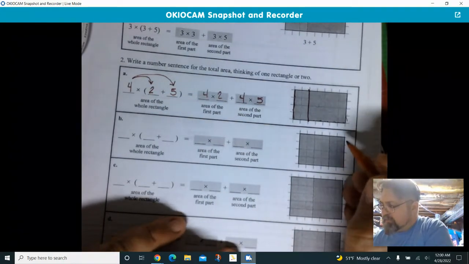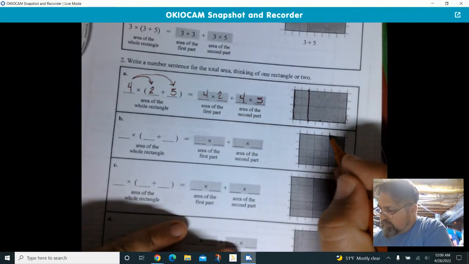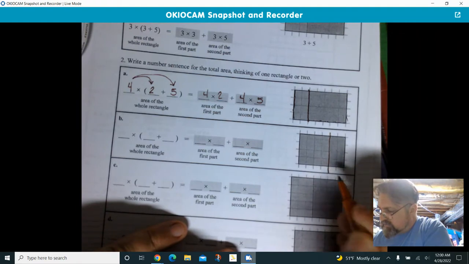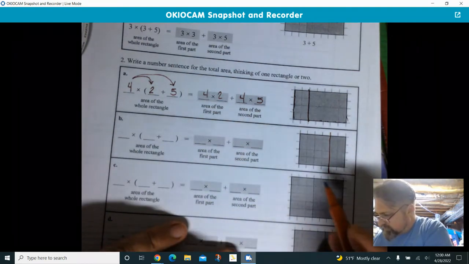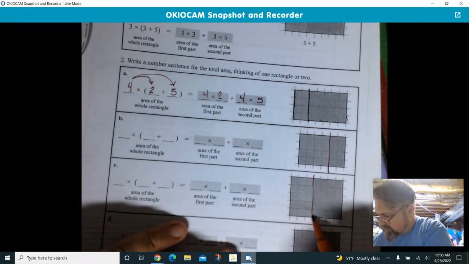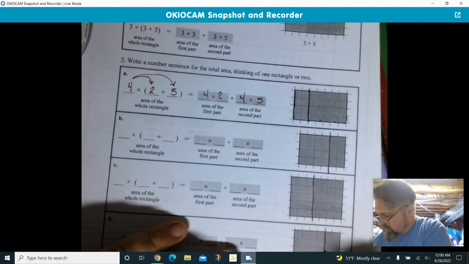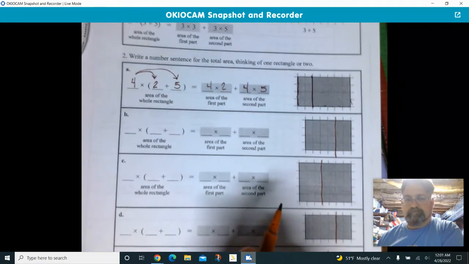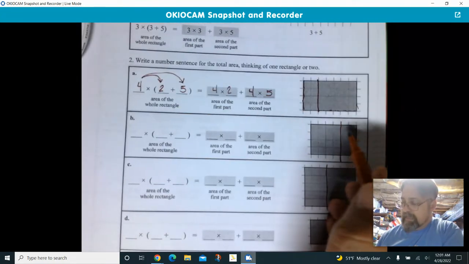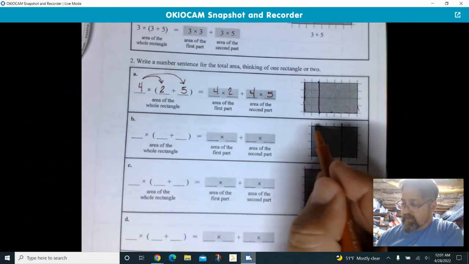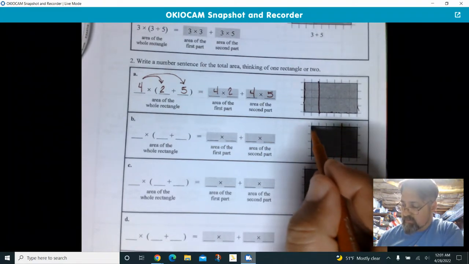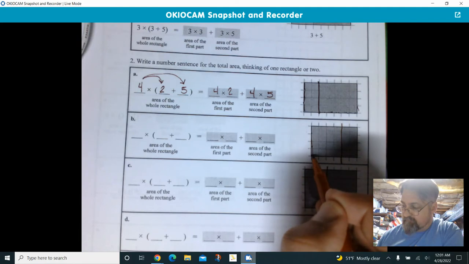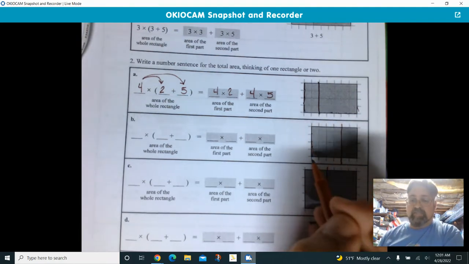Anyway, draw our line right down here where that dotted line goes. We're working on this problem right here, though. Again, since the line goes this way, when we count our spaces going down, 1, 2, 3, 4, that is not split, is it?